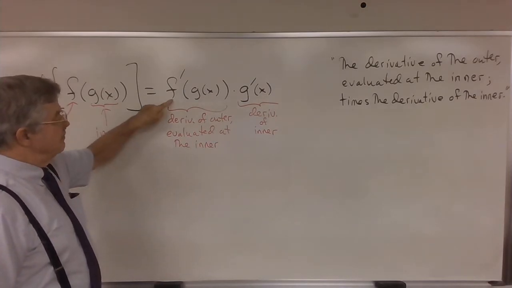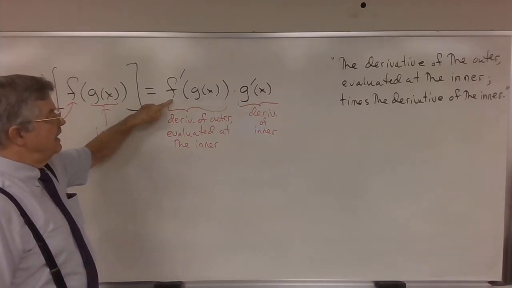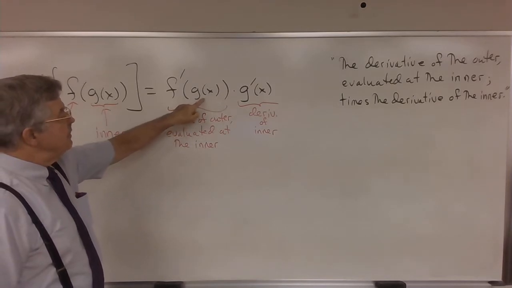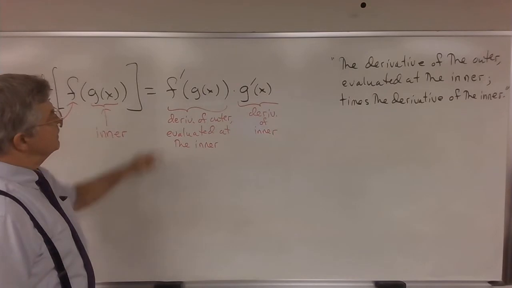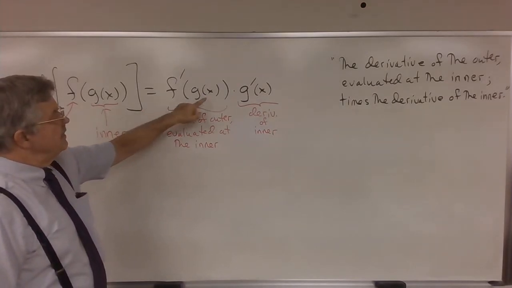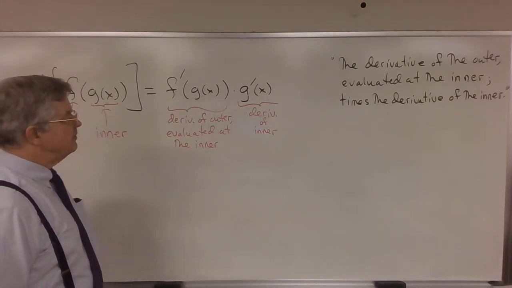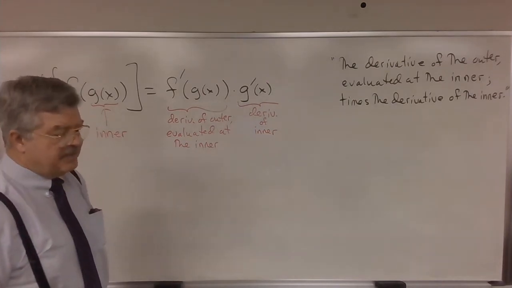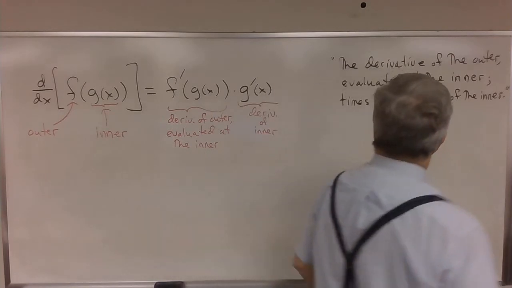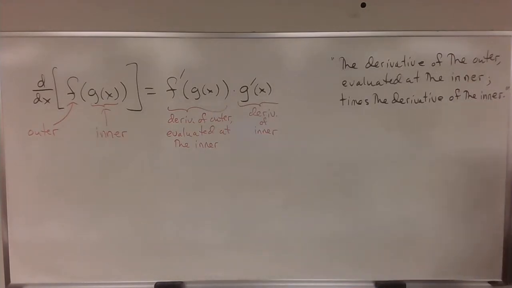So this is the derivative of the outer, f prime, evaluated at g of x, which is the inner function. So derivative of the outer, evaluated at the inner, times derivative of the inner. And I've written that in words. Here's the chain rule: the derivative of the outer, evaluated at the inner, times the derivative of the inner.